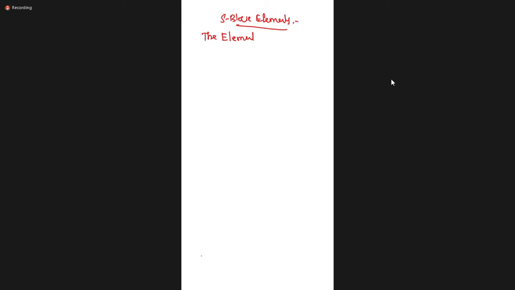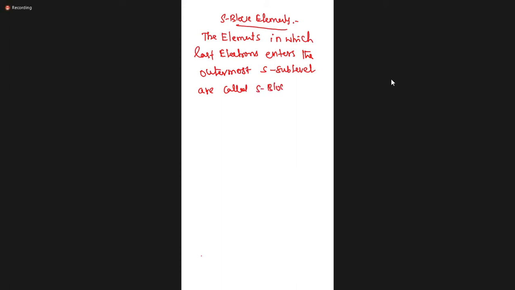What is the meaning of S block element? Definition for S block element: the elements in which the last electron enters the outermost S sublevel are called S block elements.